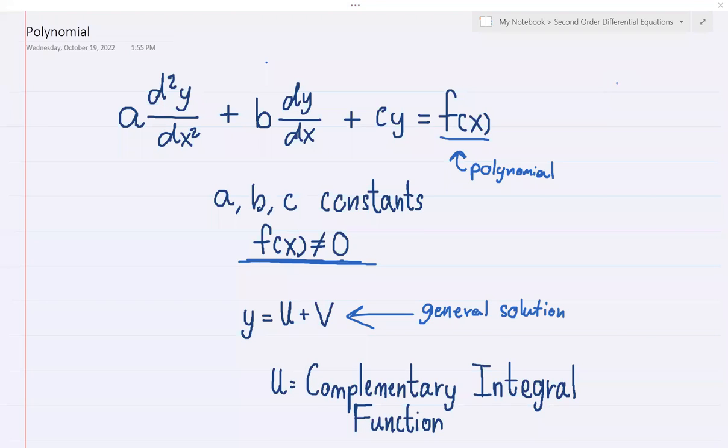So let's have a continuation about second order non-homogeneous differential equation. Our topic for today is about getting the solution for a given second order non-homogeneous differential equation wherein your function f of x is a polynomial function. Okay?